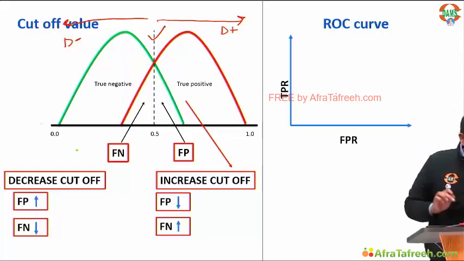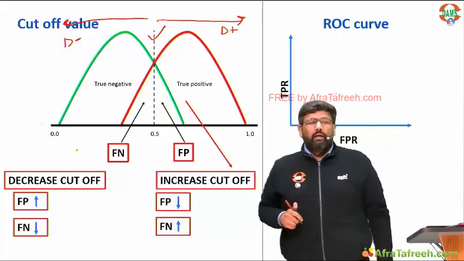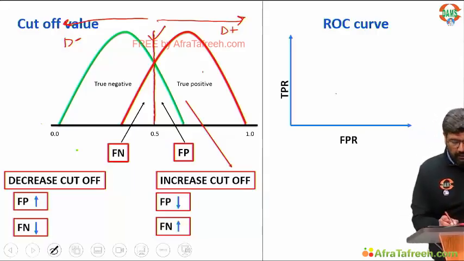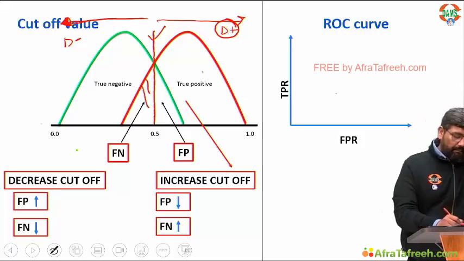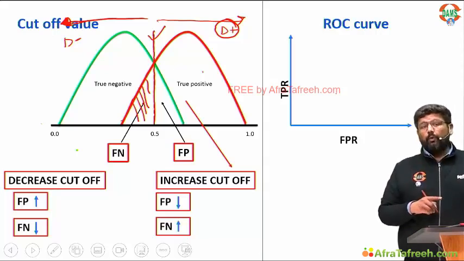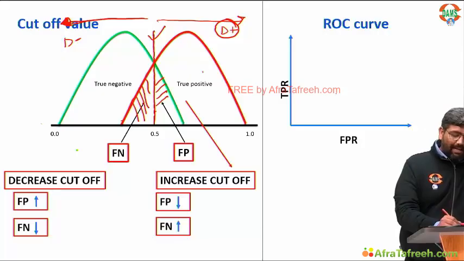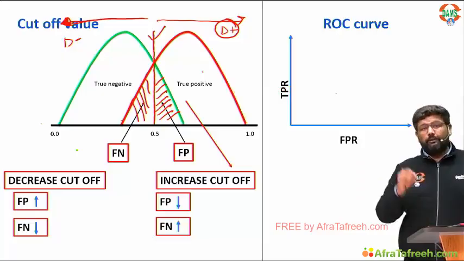Okay, fine. Now listen here. Those who are above the cutoff are diseased, those who are below are disease free. There are some people who are actually diseased but are below the cutoff. They are false negative. There are some people who are healthy but their value is above the cutoff. They are known as false positive.